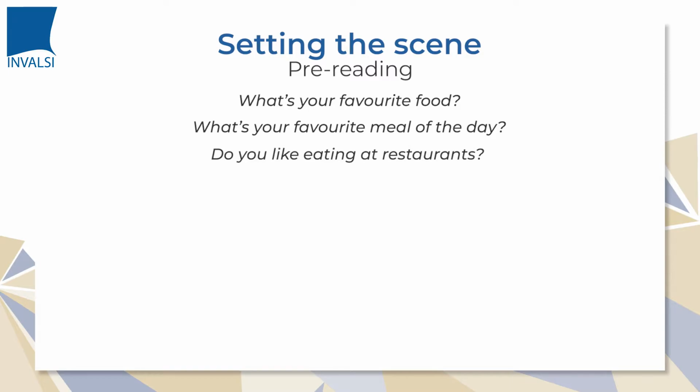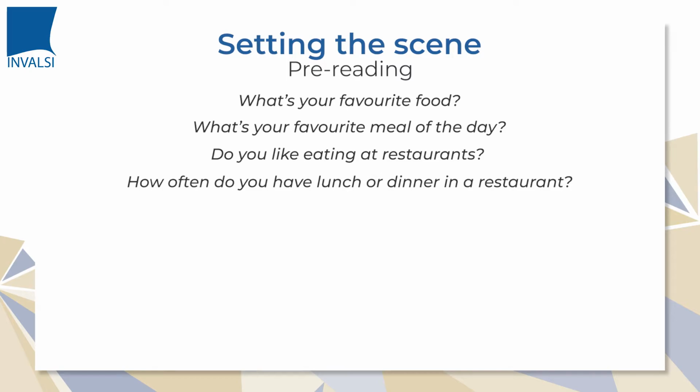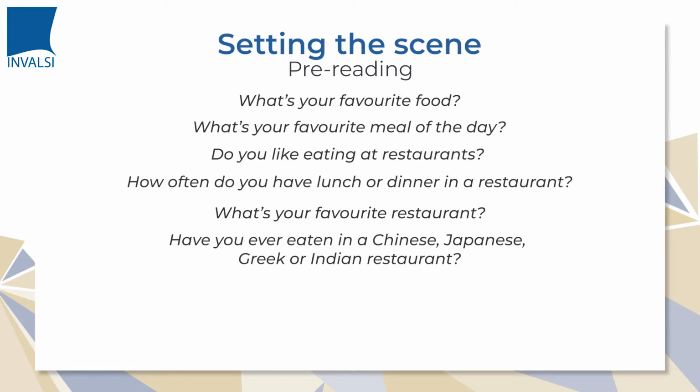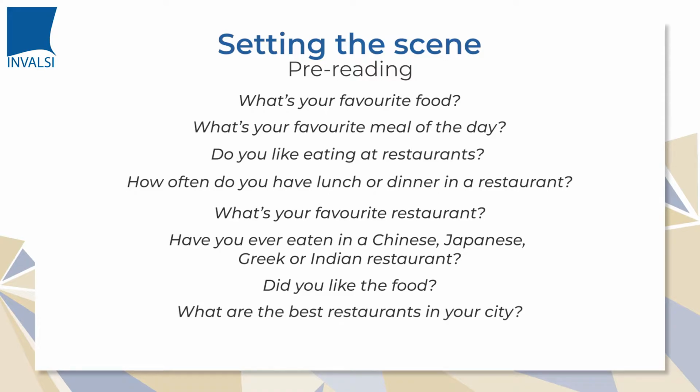Do you like eating at restaurants? How often do you have lunch or dinner in a restaurant? What's your favorite restaurant? Have you ever eaten in a Chinese, Japanese, Greek or Indian restaurant? Did you like the food? What are the best restaurants in your city?